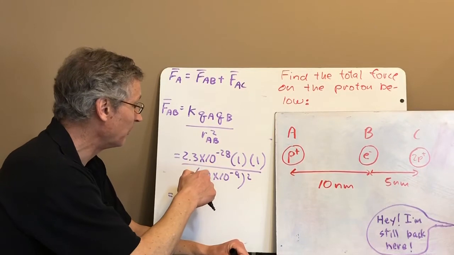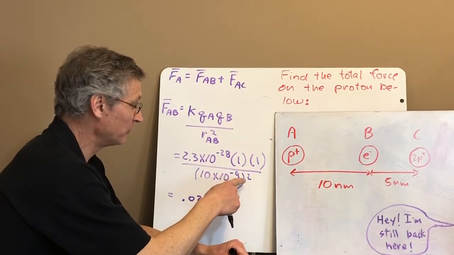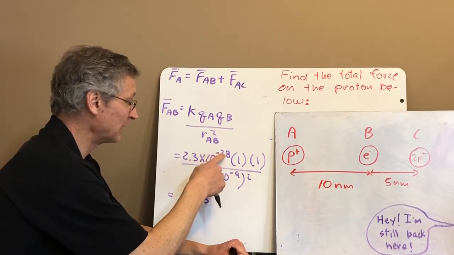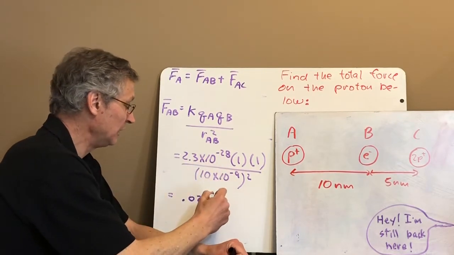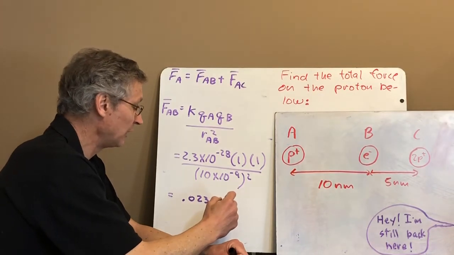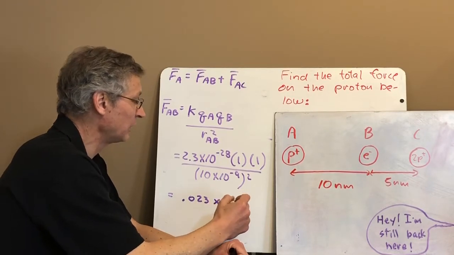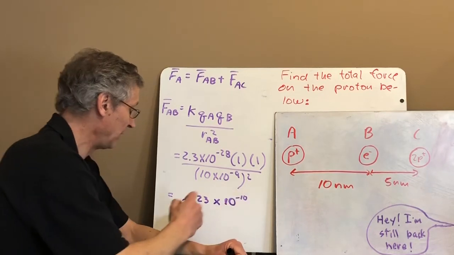Now let's do the powers of 10. -9 squared, that's going to be 2 times -9, -18, and -28 take away -18 because we're dividing, is -28 plus 18, so that's 10 to the -10.